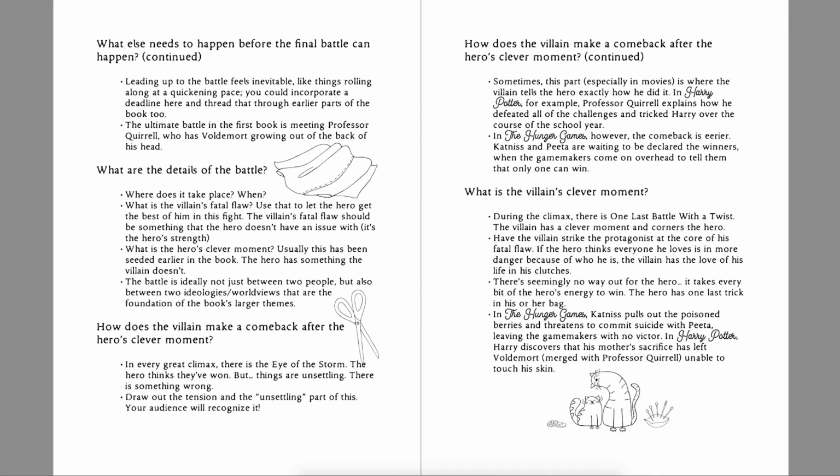In the very first book of the Harry Potter series, this last clever moment for Harry is not really something he did, but it's that Voldemort is not able to touch Harry Potter's skin. Harry is able to defeat Voldemort because of this, and sets Voldemort back many more years because of this skin thing that is inherited from his mother's sacrifice.